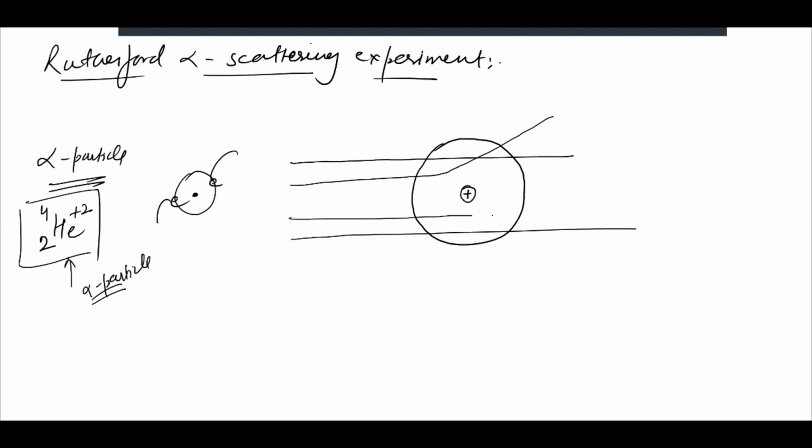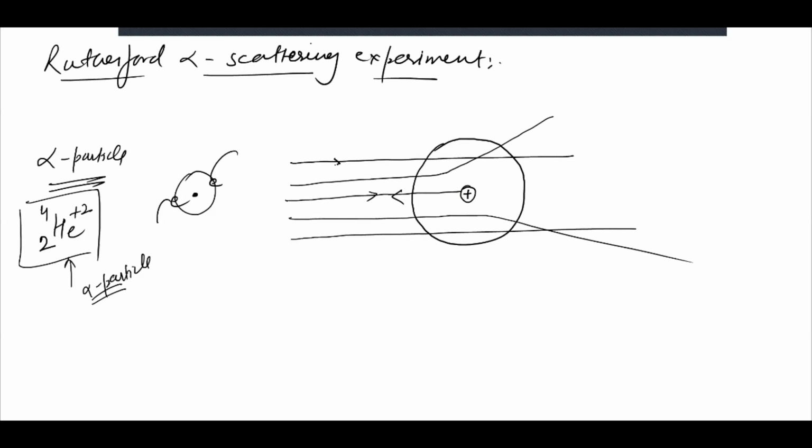And a very few alpha particles came back along their original path. The gold atom is much bigger than the helium nucleus, so the alpha particle can penetrate through gold atoms.